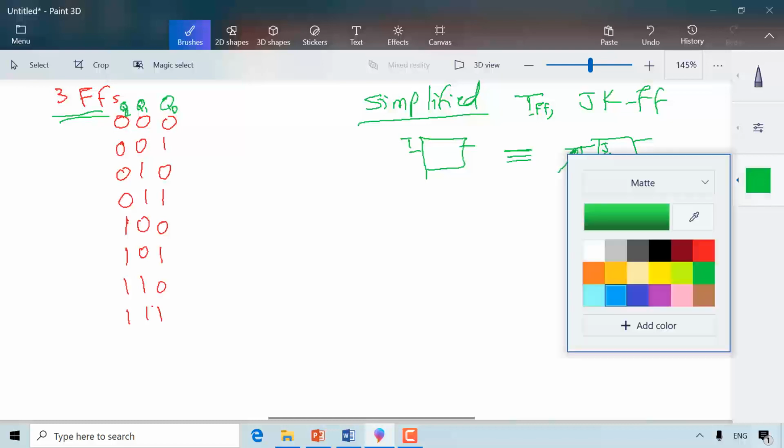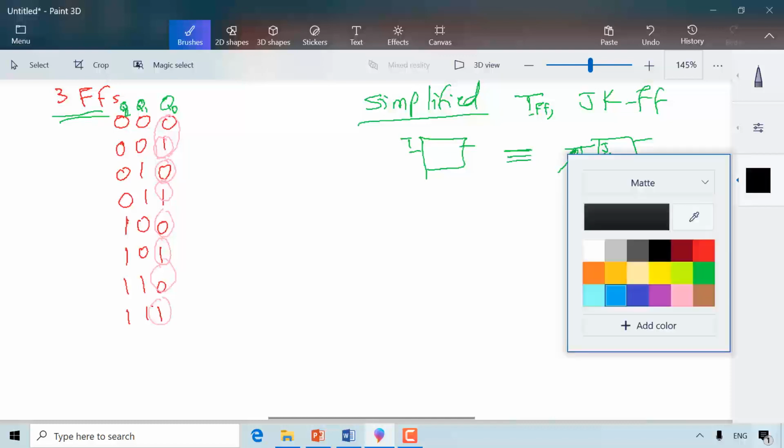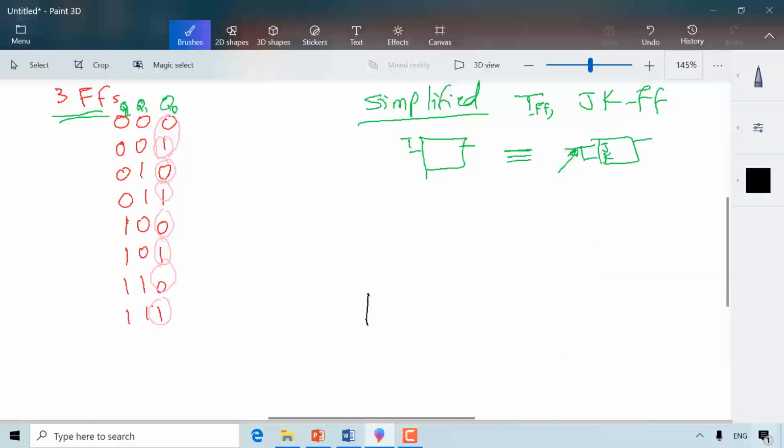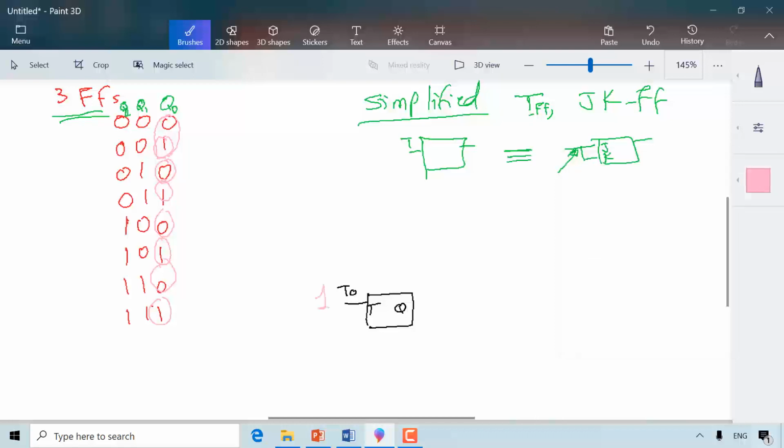So let's take a look here. Notice that Q0 always changes. Every count, the Q0 changes. So if I am building a counter using T flip-flops, this is T, this is Q, and this is T0, I can use a 1 here for this Q0.